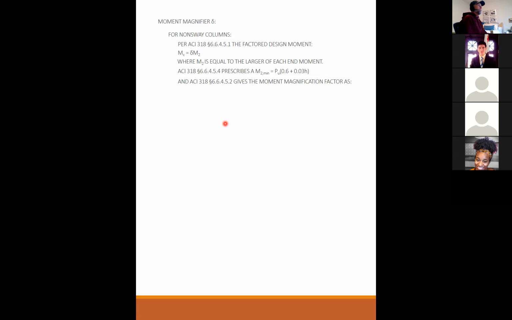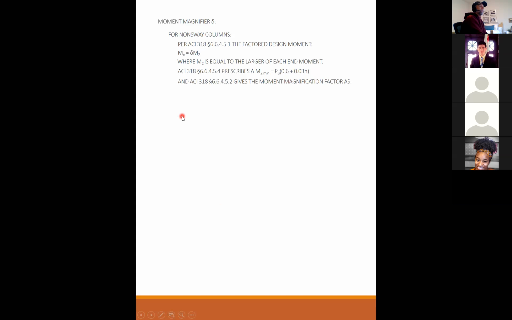There's always some accidental built-in eccentricity. So the code prescribes this minimum moment if the actual applied moments are too small. Keep in mind that if the moment is small, you may have to plug in this minimum.